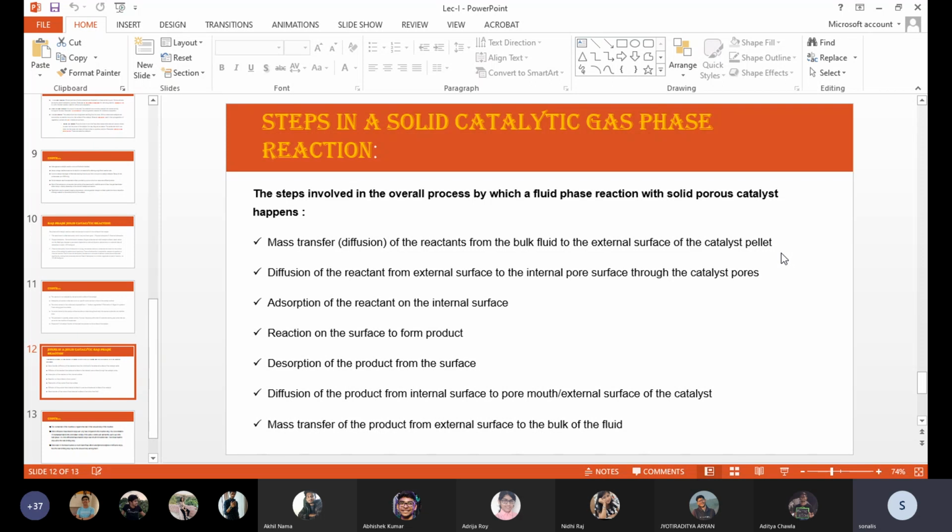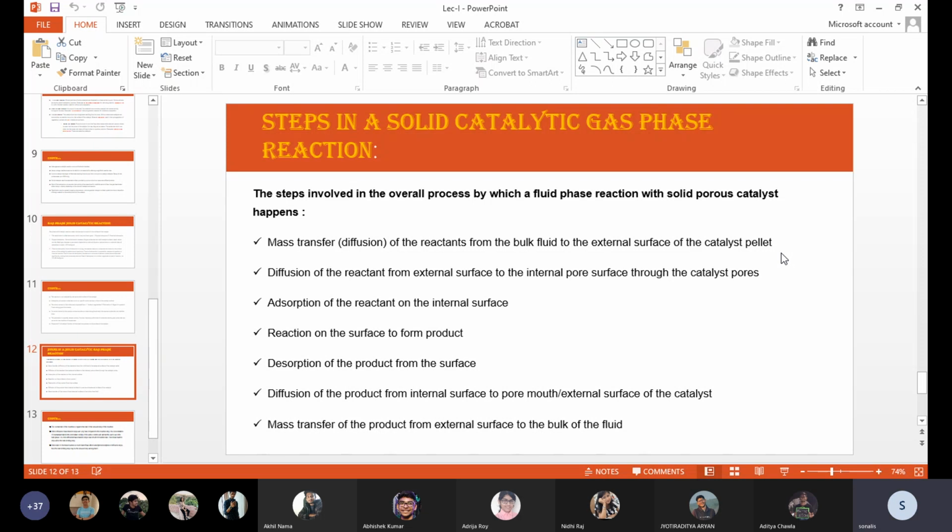So the first step is the reactant molecules diffusing from the bulk phase through the boundary layer to the surface of the solid catalyst. So this is the first step, mass transfer of the reactants from the bulk fluid to the external surface of the catalyst pellet.